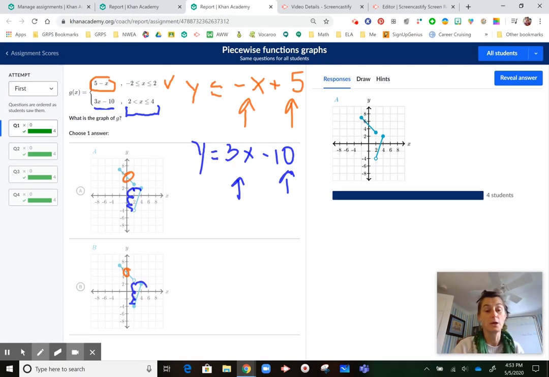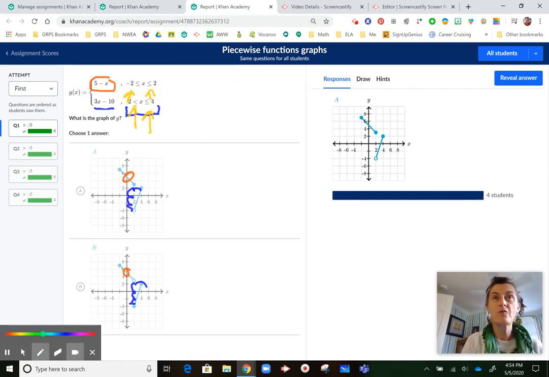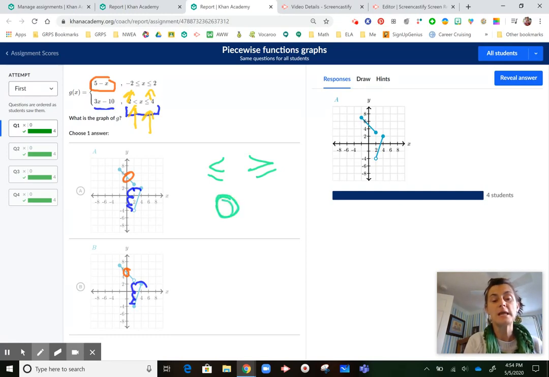They're both showing the same. So the trick is it's all about the signs: equal, less than, and equal to. This is what I need to pay attention to. Let's refresh our memory. When we use less than or equal to or greater than or equal to, when we're drawing it, this means it includes the point on a graph.